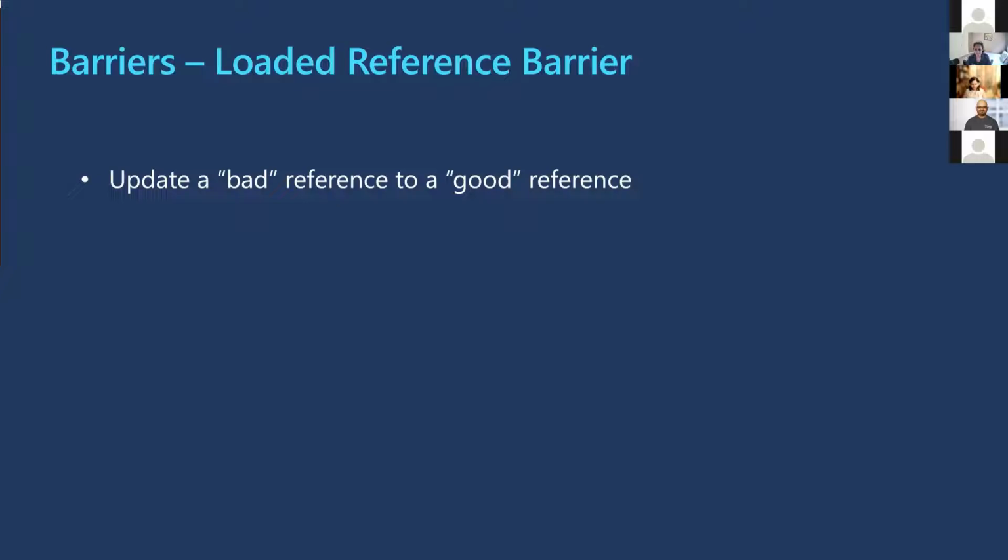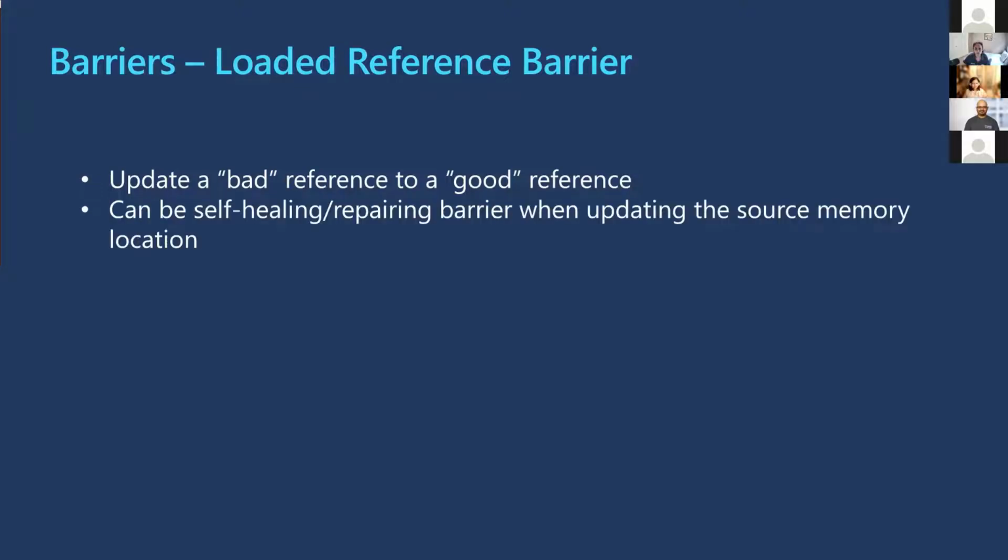Anything and everything, any object I want to access, has to be in the two-space always. So if my reference is not updated, then it's my job to do it, like I said, the application thread and self-healing. So that's the next point, right?